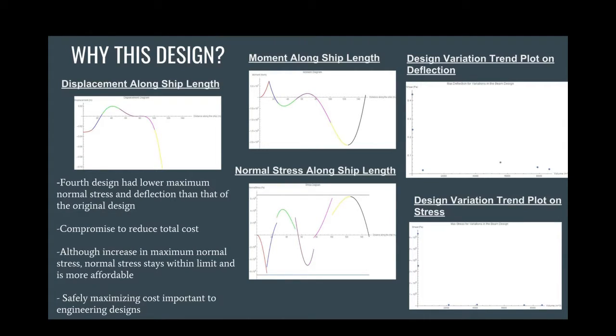So for our final design, we ended up going with the Kevlar epoxy girder. We also ended up optimizing the weight of the girder by removing mass from different sections of the girder to reduce the cost and weight of the overall ship.